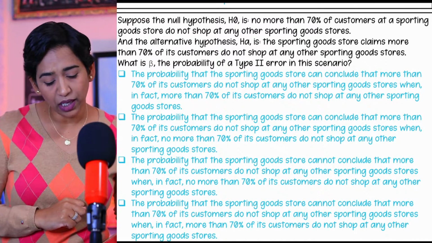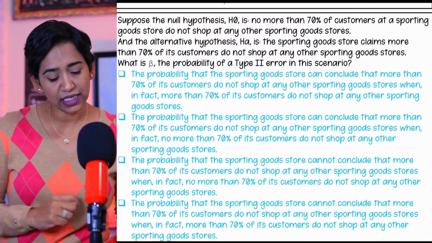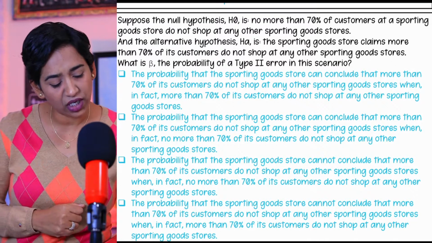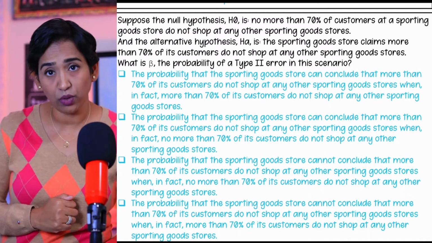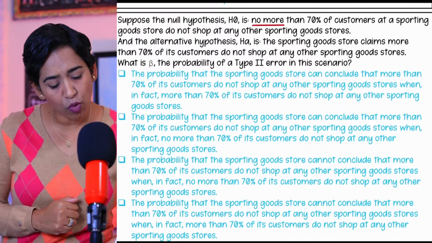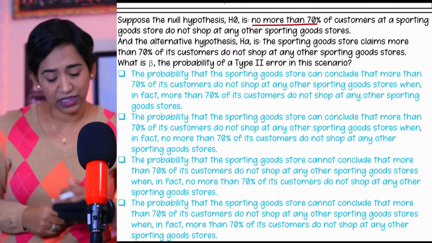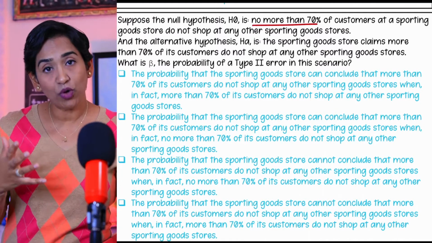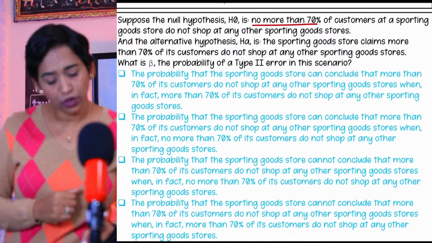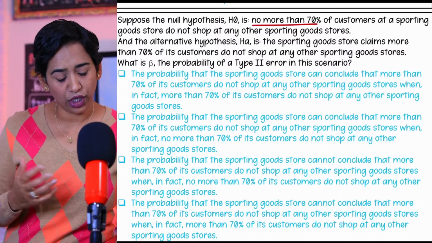Suppose the null hypothesis is H naught: no more than 70% of the customers at a sporting goods store, so the maximum is 70%. When I say no more than, it's less than or equal to. Do not shop at any other sporting goods store.